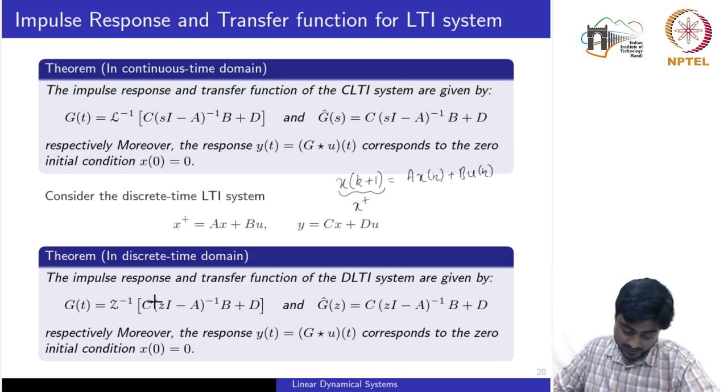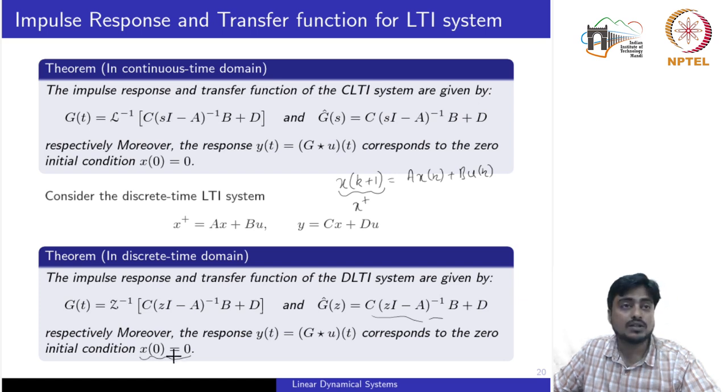So in the discrete time domain, the next result says that the impulse response and transfer function of the discrete LTI system are given by the Z transform of the combination of A, B, C, D matrices, and G hat of z is defined by this part. Moreover, the response, the convolution between G and U, corresponds to the 0 initial condition, which is x0 of z equal to 0.